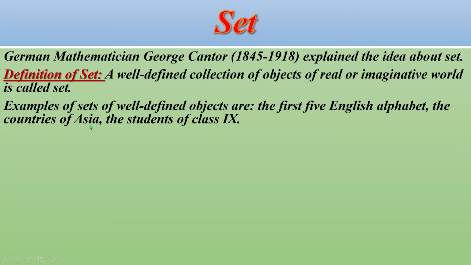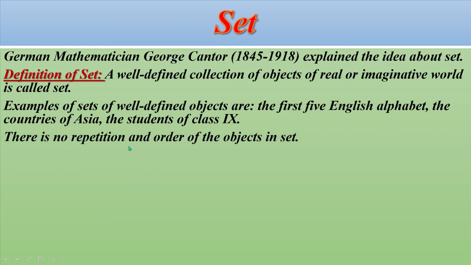Countries of Asia: here will be only the countries in Asia, not other countries. Okay? Or the first five English alphabet, that is only A, B, C, D, E, not other letters, either Bangla or any others.